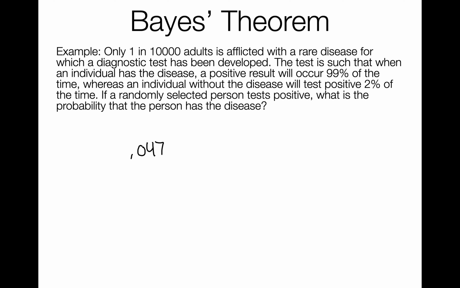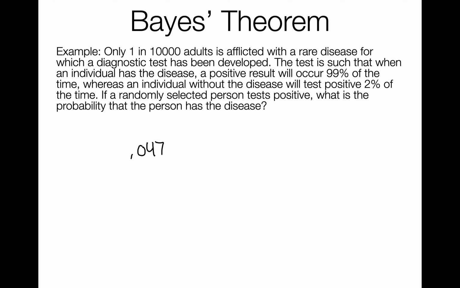And I would think usually when I look at this, it seems counterintuitive. Okay? So if you have the disease, you're going to test positive 99% of the time. And you only test positive when you're negative 2% of the time. So if you test positive, what's the probability that you actually have the disease? It's only 4.7%, which is really low. And the reason for that is that there's just not that many people.